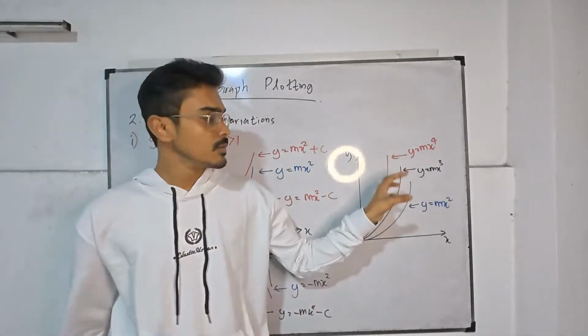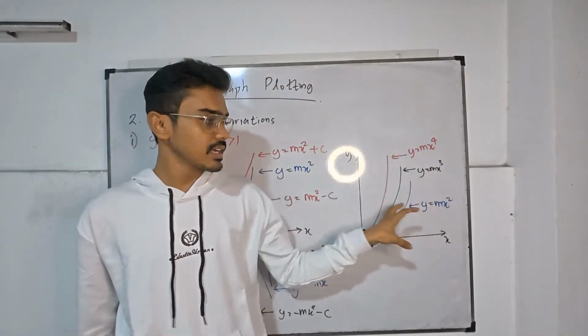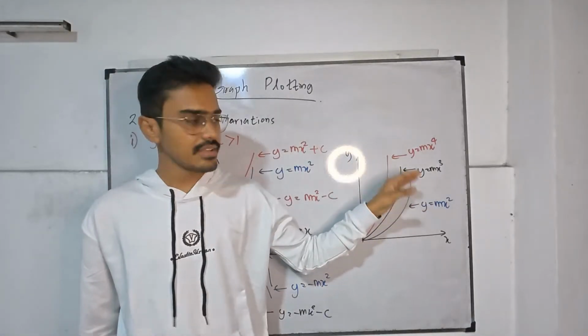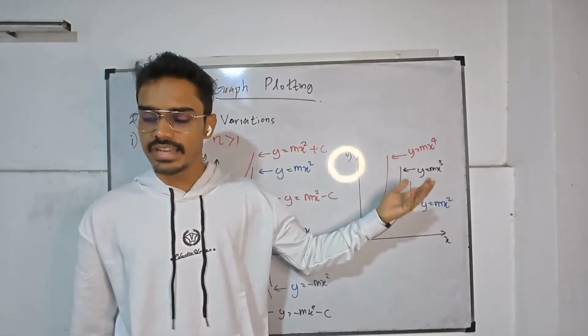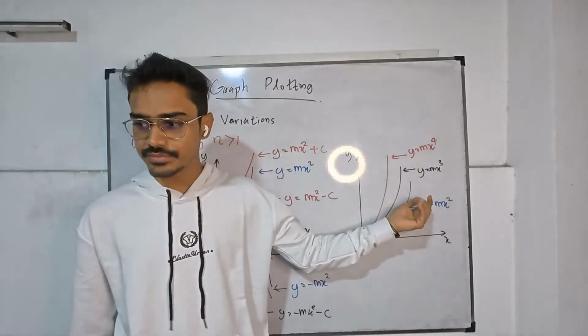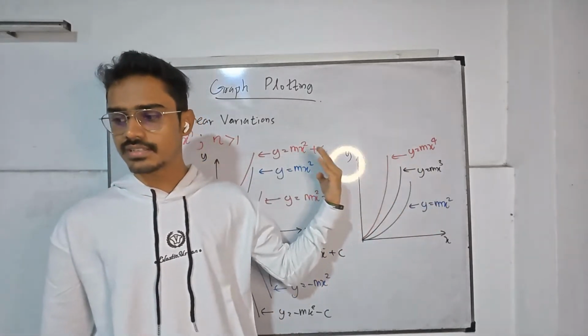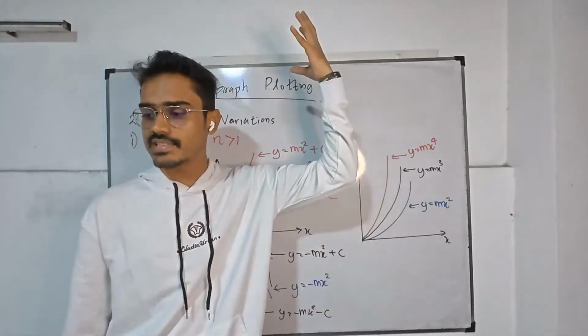So therefore, if we plot these main curves on the first quadrant like this, and if we compare it with the index, this is the impact of the index. The higher the index here, always the graph comes towards the y-axis because the increment is high.